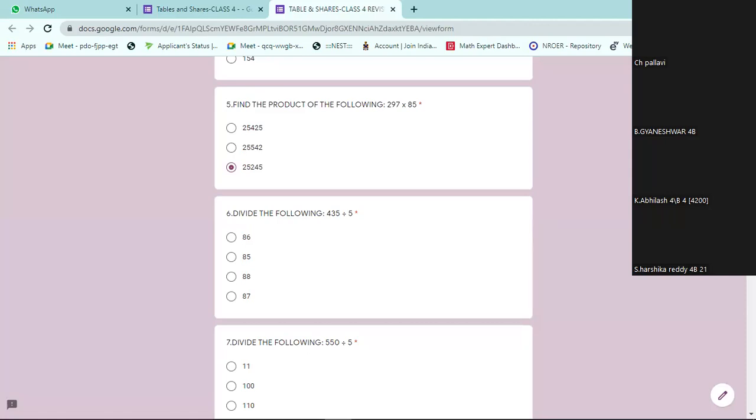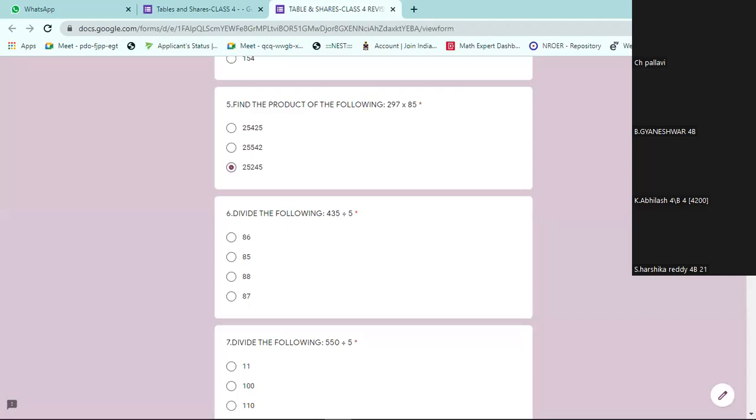I am writing 135 here. Again 20: 5 into 20 is 100, leaving 35. Now 5 sevens are 35. Add this 20, 20, 20, 20, that is 80, and 7. Same answer. You can do it in the direct method or the continuous method.